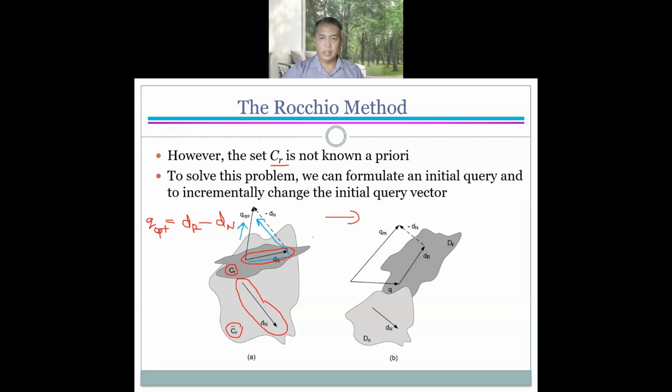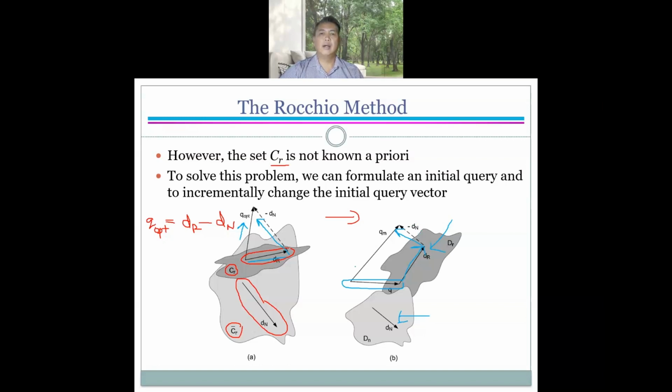Okay, but when it comes to the query, when you have the query here, and this is the direction of the relevant documents, and this is the direction of the non-relevant documents, what you have to do is take the query, move that initial query towards the relevant documents, and at the same time move away from the direction of the non-relevant documents.